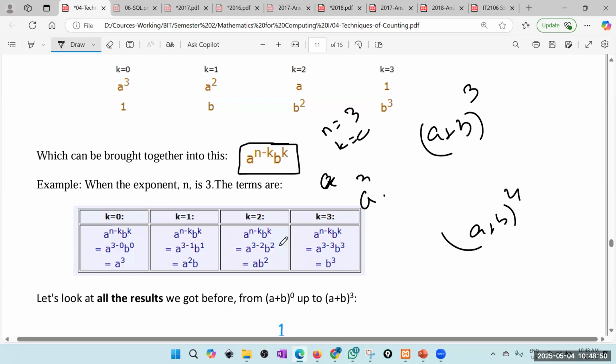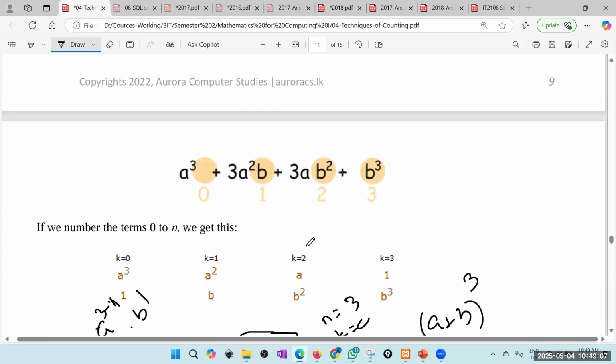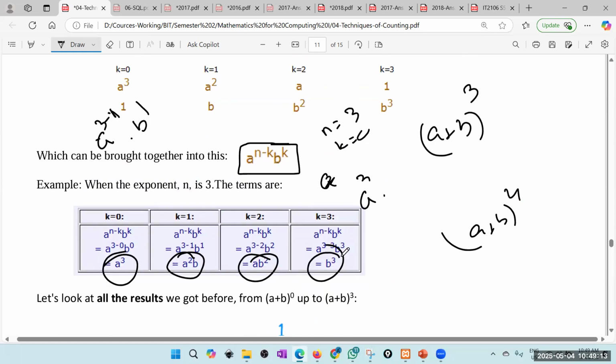That is a cube. Okay. So the second term, now k is 1, 3 minus 1, b to the power 1, that is a squared b. So that is how you are getting the terms. Of course, when you have the cube, you get these terms: a cube, a squared b, ab squared, b cube. Okay.